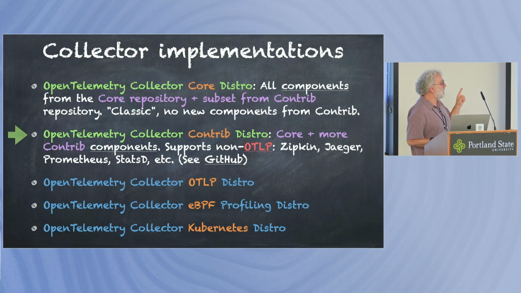The core is handy to start with because it's very simple, but it has very few of these little pieces with it. And they have now frozen that. They're not going to add any more to it. Some people like using this for absolute minimal production. You could deploy in production and then just add the particular pieces that you need. But more handy for starting out, for experimenting and learning, they have this contrib version of the distro.